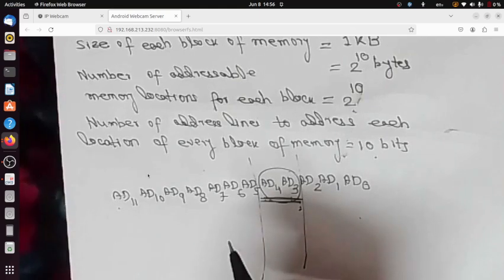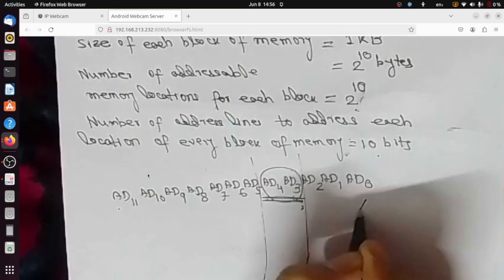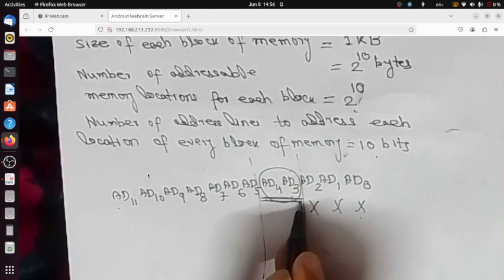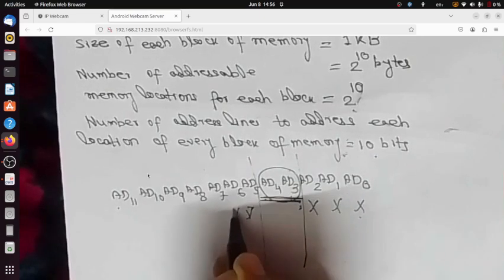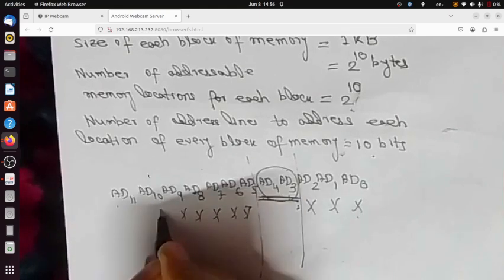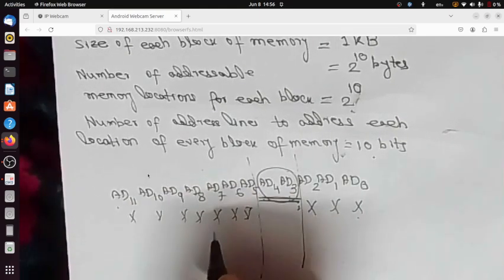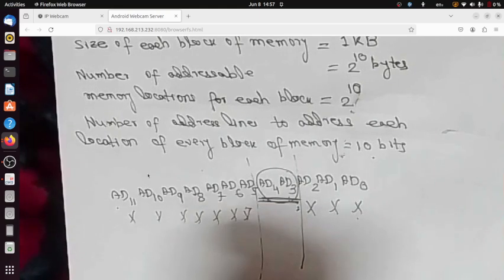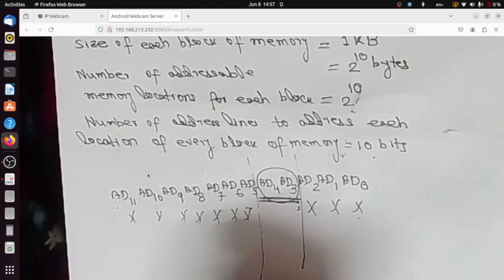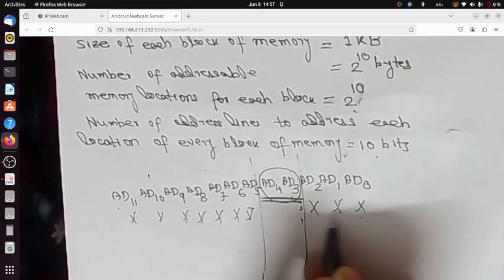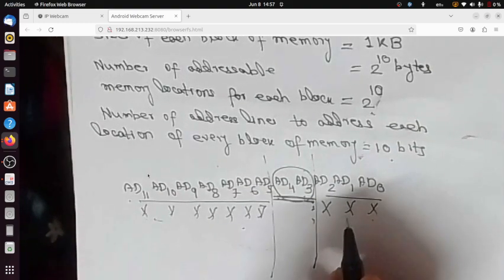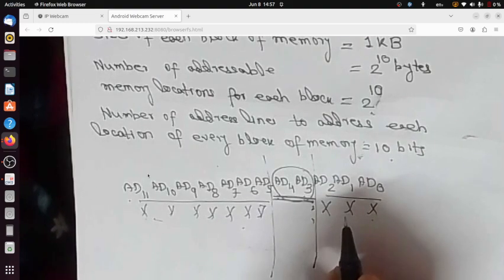So for any block of memory, the address lines AD0, AD1, AD2, excluding input address lines 3 and 4, then AD5, 6, 7, 8, 9, 10, 11, which can be any bit, maybe 0 or 1, these 10 lines will be used to access each memory location of every block.